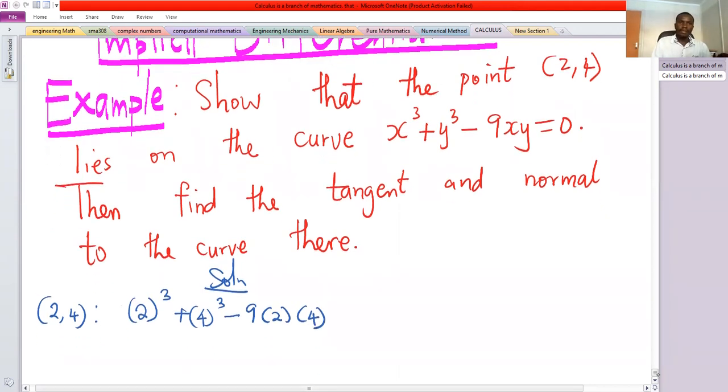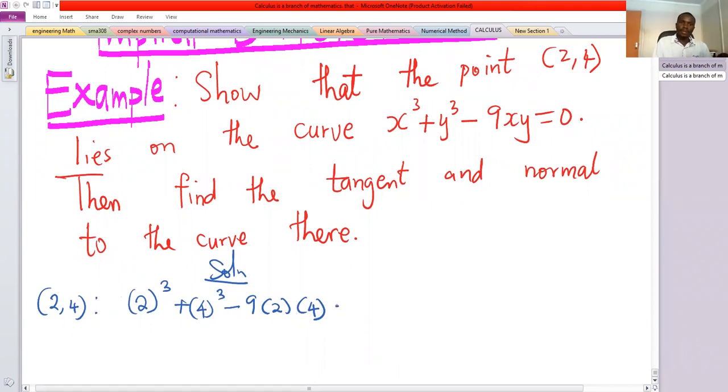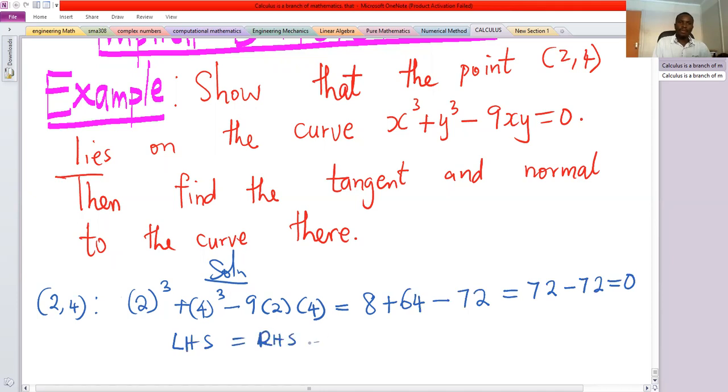Let's see if this is 0. 2 cubed is 8, 4 cubed is 64. 9 times 2 times 4 is 72. And 8 plus 64 is 72. And 72 minus 72 is 0.